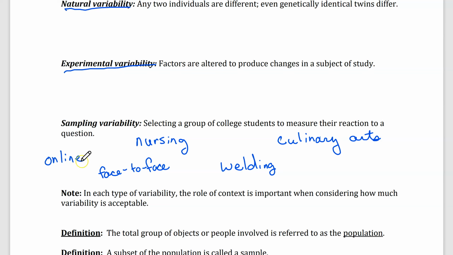I want to look at face-to-face and online students. In other words, I want to get a good mixture of the students. So those are some things to consider when you look at your samples, when you look at the questions that you make, and things like that.